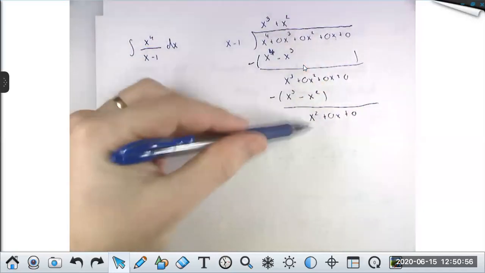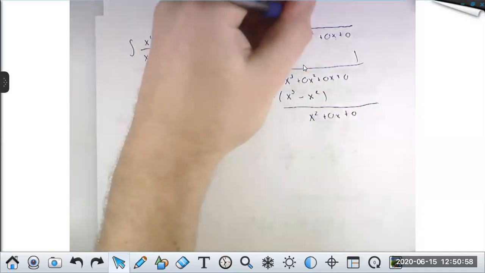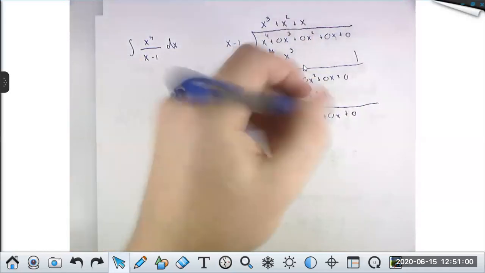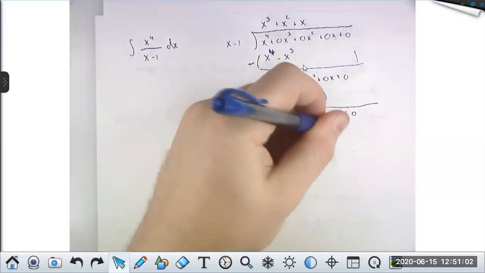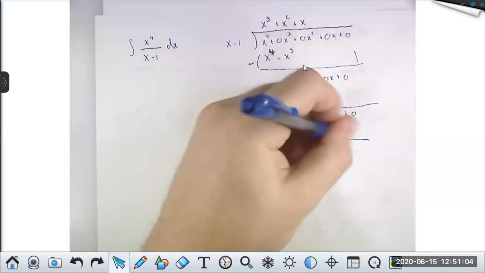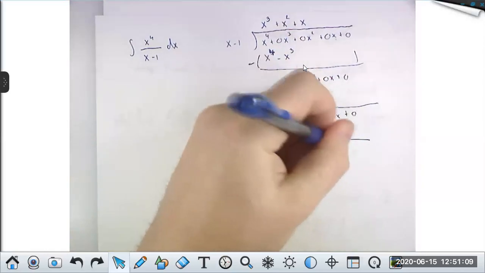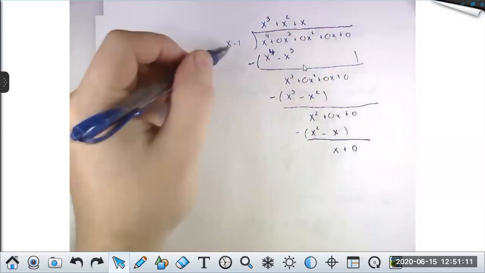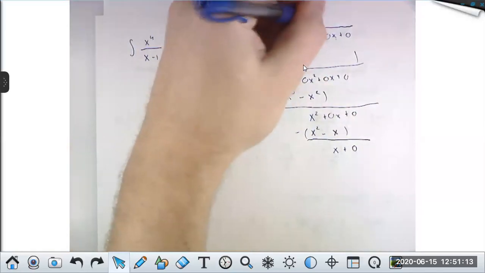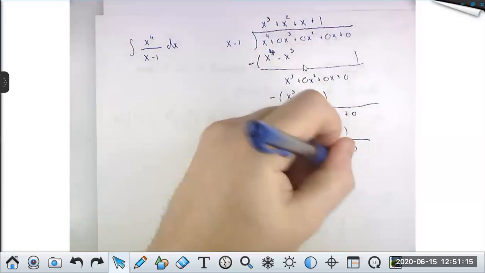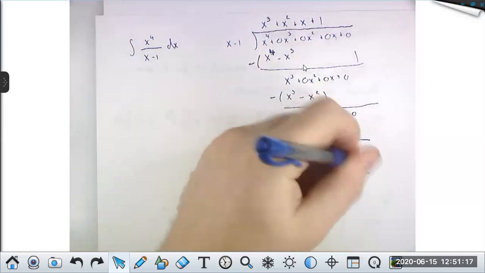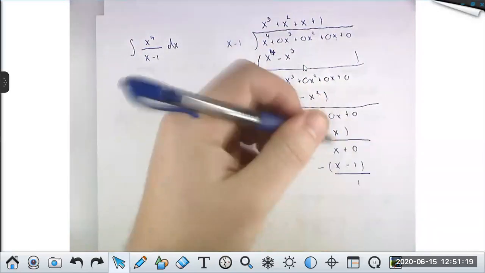To turn this into this, I need to hit it with an x. X times x minus 1 is x squared minus x. Subtract. This is 0. This is x plus 0. To get this into this, I need a 1. And that will give me x minus 1. And then I subtract, and this gives me a 1.